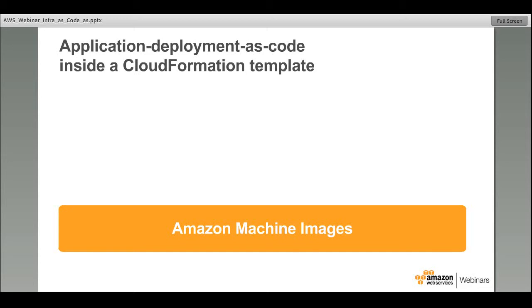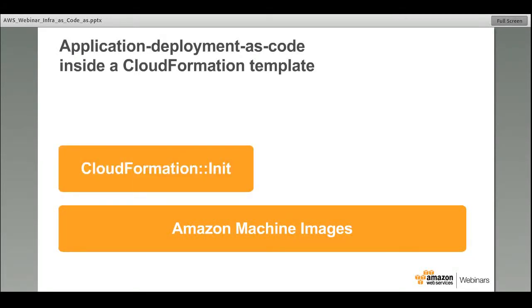But you could also make it more dynamic and more configurable by using the framework that CloudFormation has called CloudFormation Init. It allows you to specify the application packages you want to install, the users you want to create, the services that you want to start on an EC2 instance, and we'll go into some more detail on that.